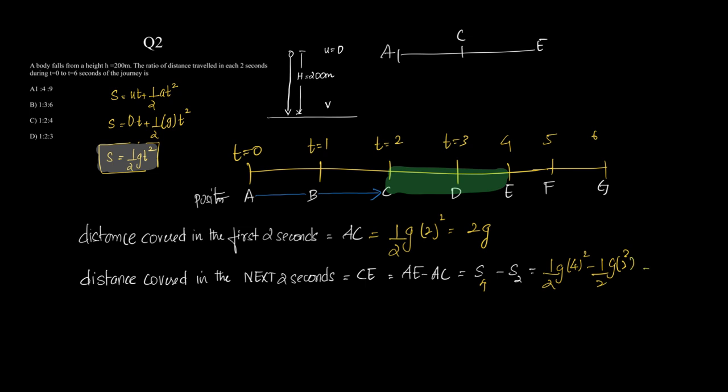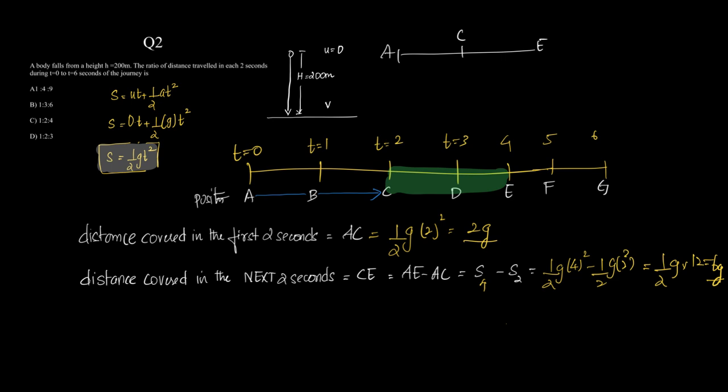So which actually will be equal to half into g into 4 square is 16, 16 minus 4 is, oh, did I make a mistake? 4 square is 16, 16 minus 4 is 12. 12 by 2 is 6, right? So this is 6g. So you get 2g and then 6g.